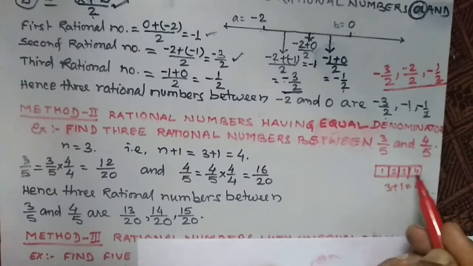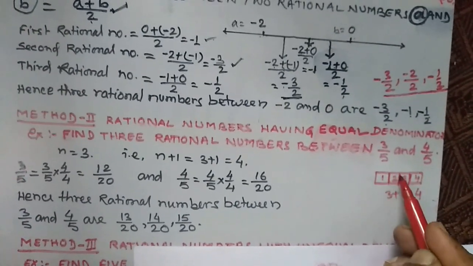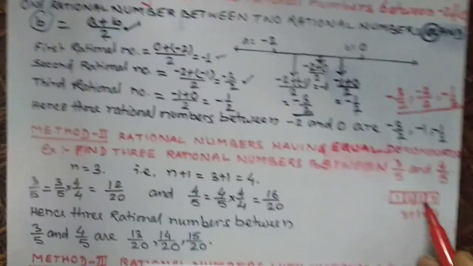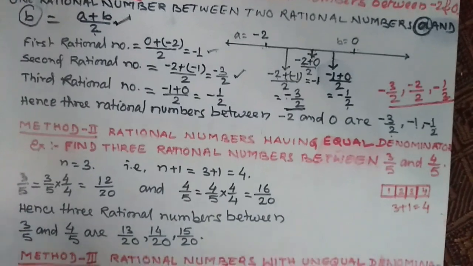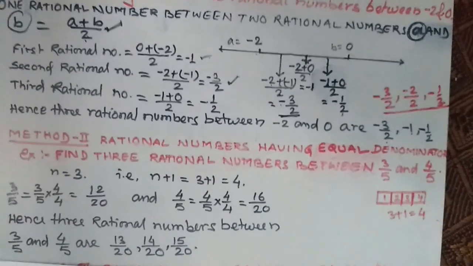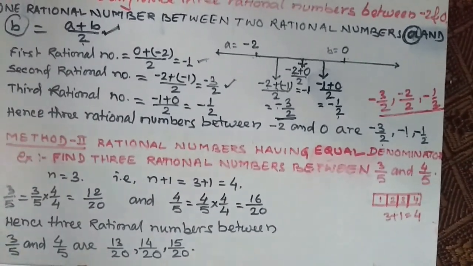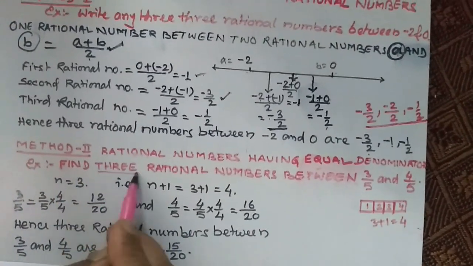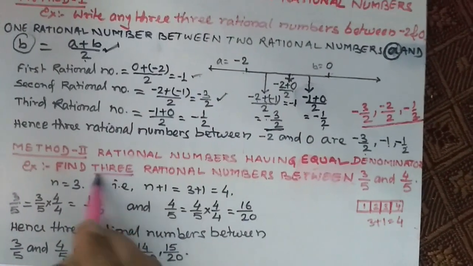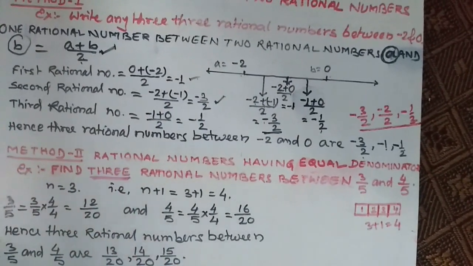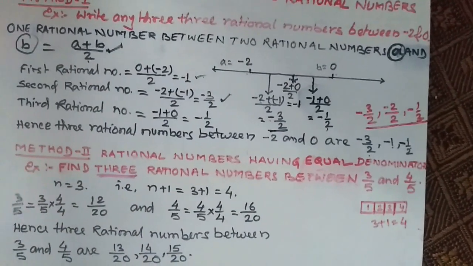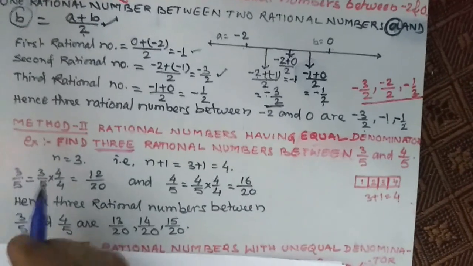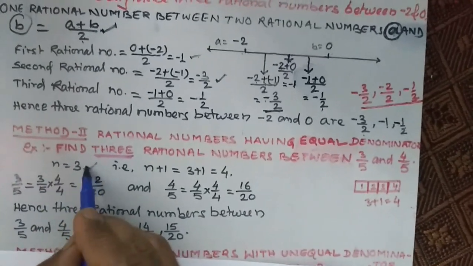If you need 4 rooms, then 3 partitions are required. Like that, here we have to find how many rational numbers? 3 rational numbers. For 3 rational numbers, n equals 3.